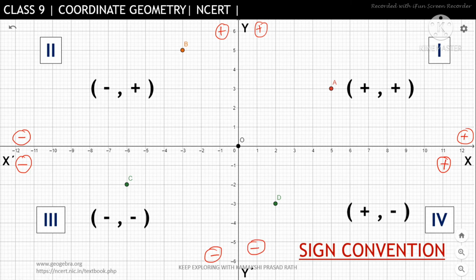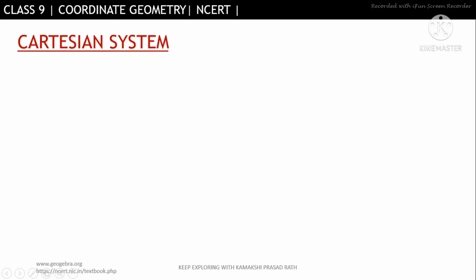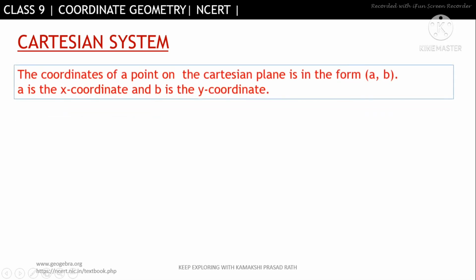The sign convention is very important when we plot the coordinates of a point. Now let's see more on the Cartesian system. In the Cartesian system, the coordinates of a point on the plane are in the form (a, b), where a is the x coordinate and b is the y coordinate.